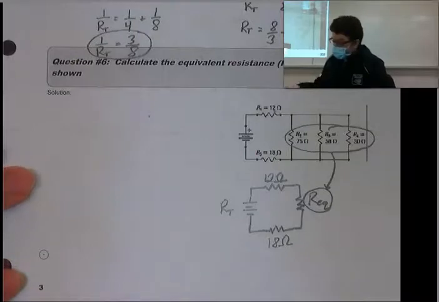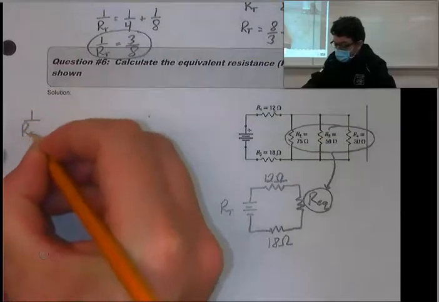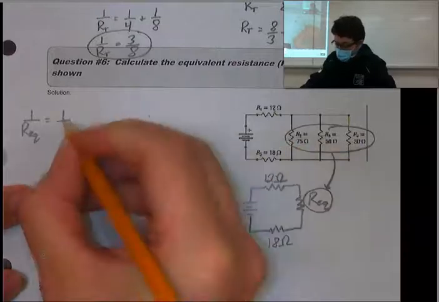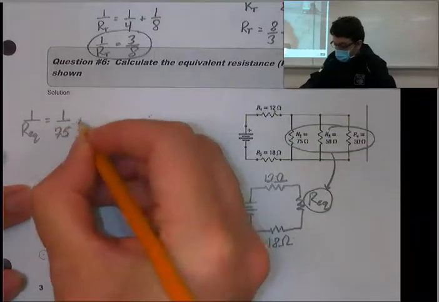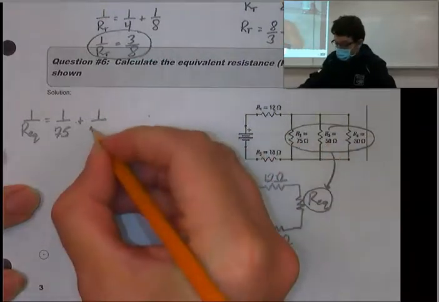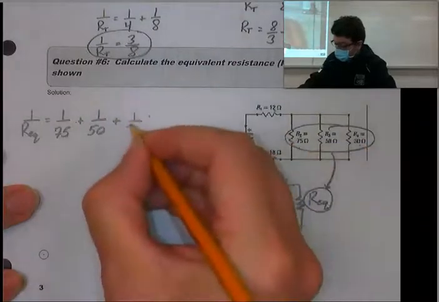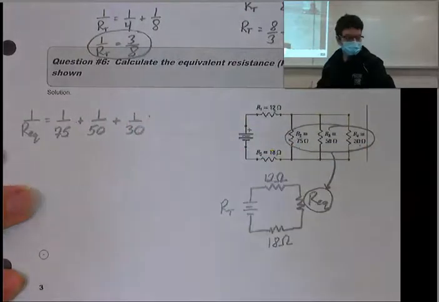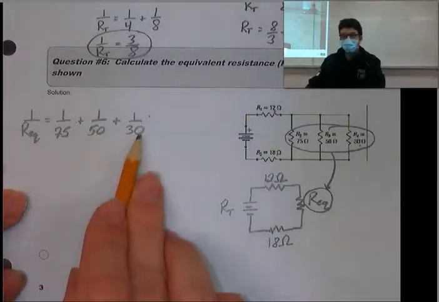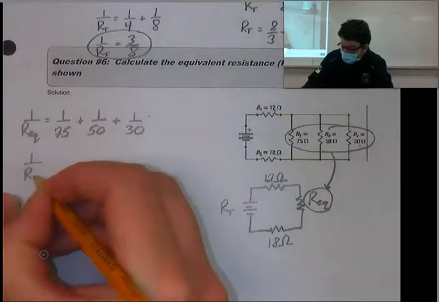To add resistors in parallel, we're going to do 1 over REQ equals 1 over 75 plus 1 over 50 plus 1 over 30. Now if you added all these on your calculator, then you'll get 1 over 15.